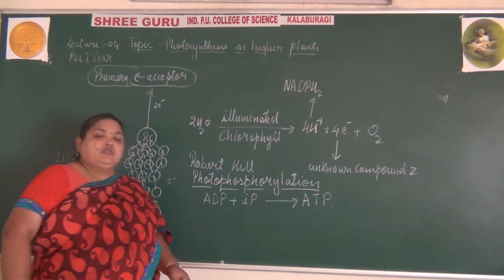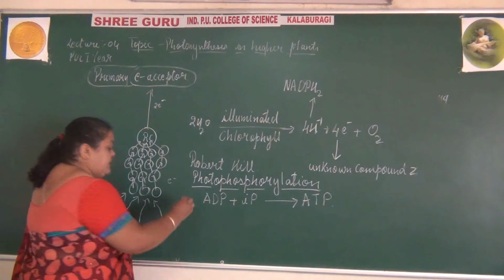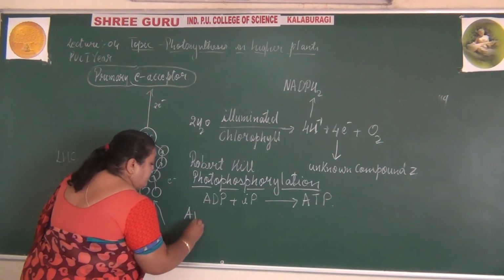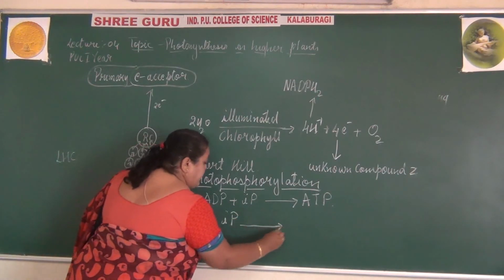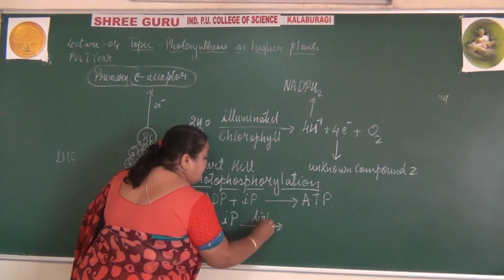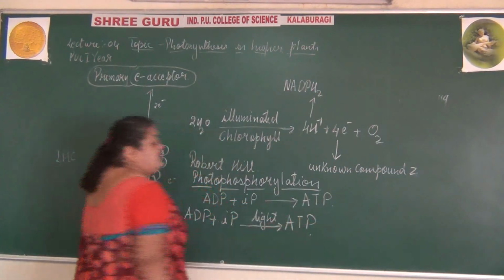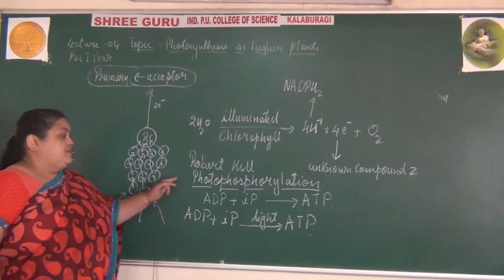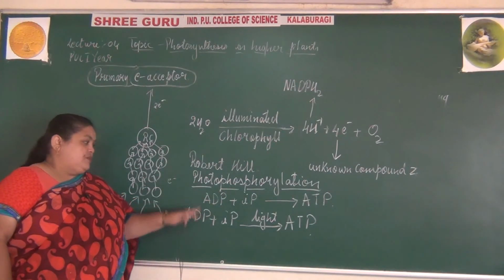And if this process occurs in the presence of light, that is, ADP combines with inorganic phosphate in the presence of light, then the process is known as photophosphorylation.